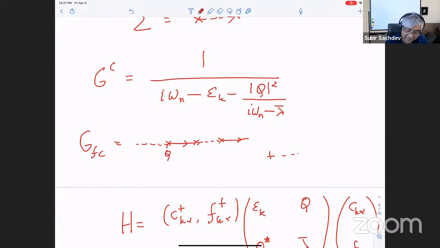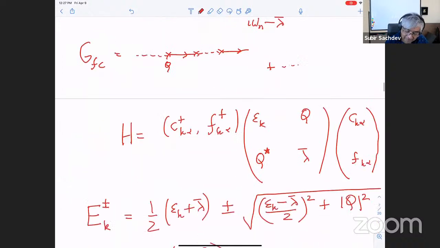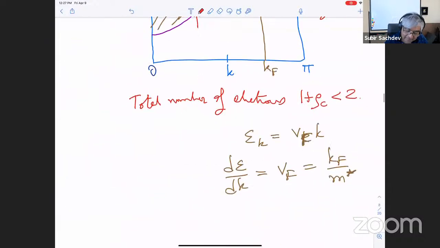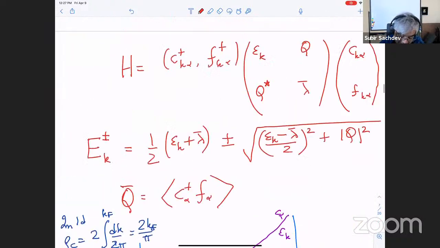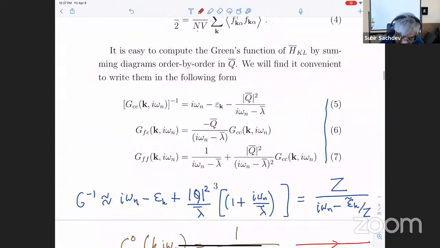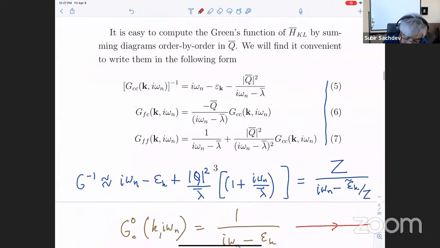So if you sum these series, what you'll find, let's write it over here, G_FC will be something like, well, let's see, we had an expression here, so let me just recall that one. Yeah, here it is. The G_FC is Q bar times the bare G_FF times G_CC.